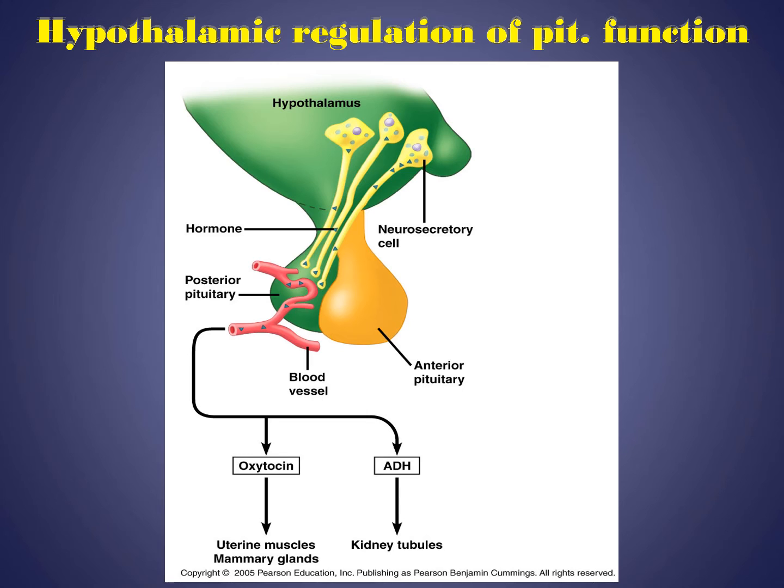And again, this is why the posterior pituitary is not a true gland and it's called the neurohypophysis. At the time we need these hormones, hypothalamic nerve cells are stimulated, releasing a nerve impulse as an action potential, passing through the axon, reaching nerve terminals to fire the secretion of these hormones, which are oxytocin and antidiuretic hormone.